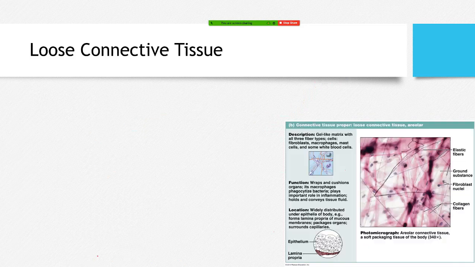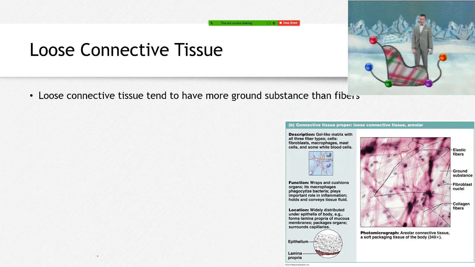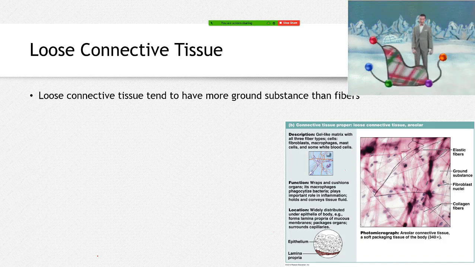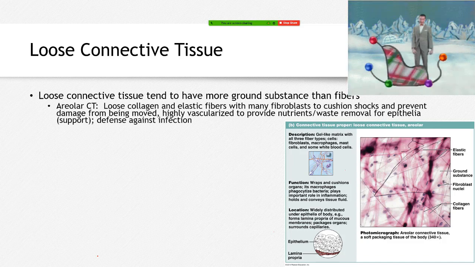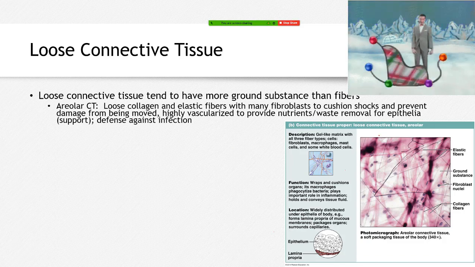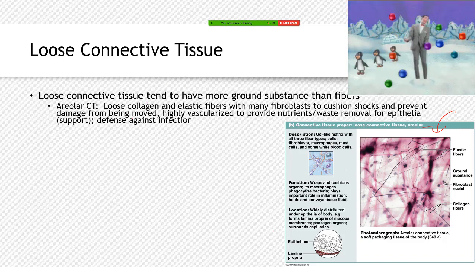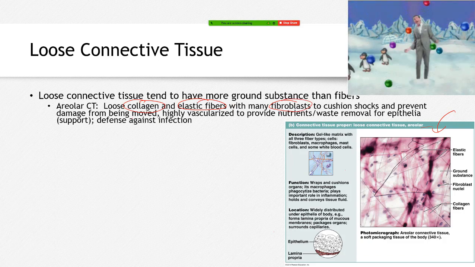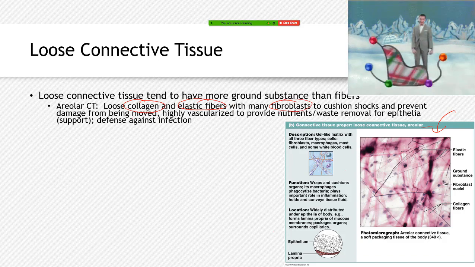So let's take a look at the loose connective tissue. This is part of connective tissue proper. Loose connective tissue has a lot of ground substance, not that many fibers and cells. Areolar connective tissue, like the one shown here, will have some collagen, some elastic fibers, and fibroblasts. Remember, the fibroblast makes this ground substance and the fibers.